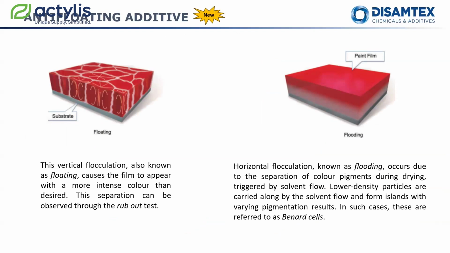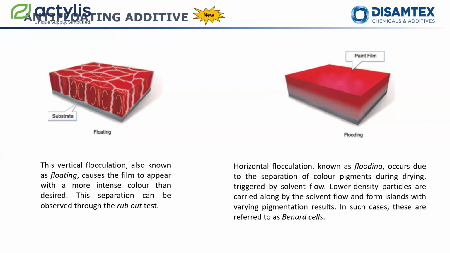Another important aspect of using good dispersants is to avoid pigment migration, like floating and flooding. Floating is a vertical pigment separation where color strength gets concentrated unevenly, making the film look different than intended. And this effect can be detected with tests like rub out, revealing hidden color differences.